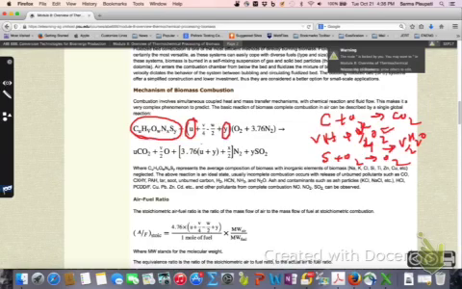But this oxygen comes along with nitrogen. Every mole of oxygen brings along with it 3.76 moles of nitrogen, so that is also added here. This is the number of moles of air coming into the process.